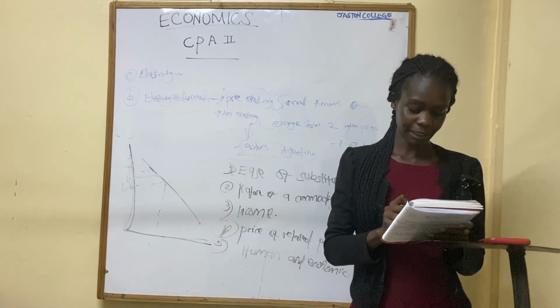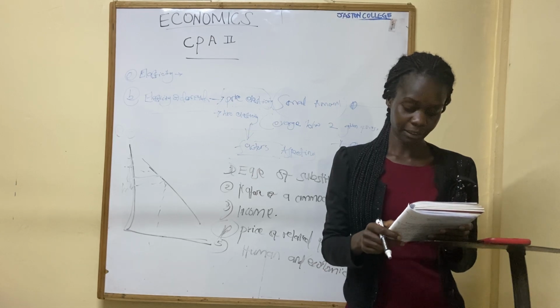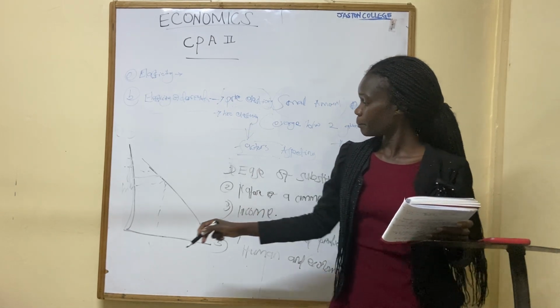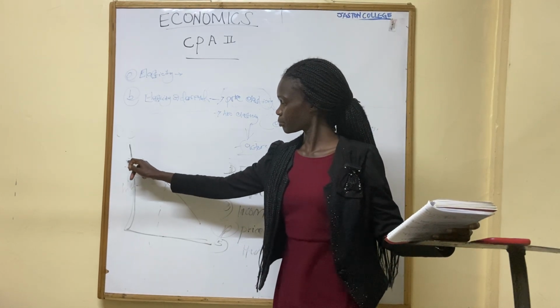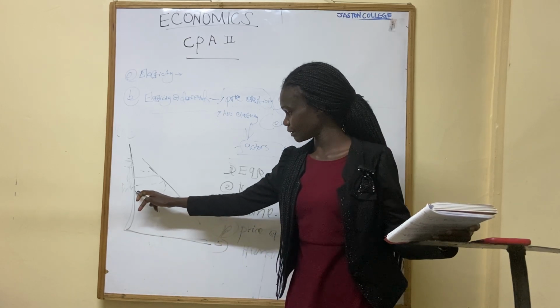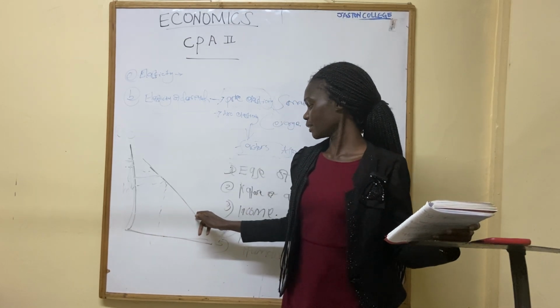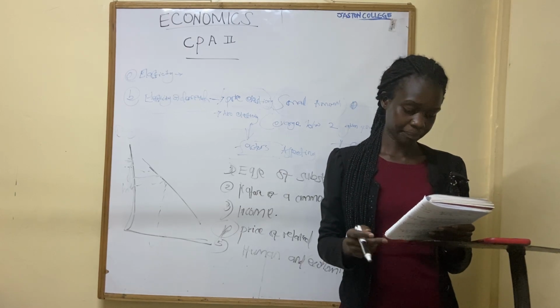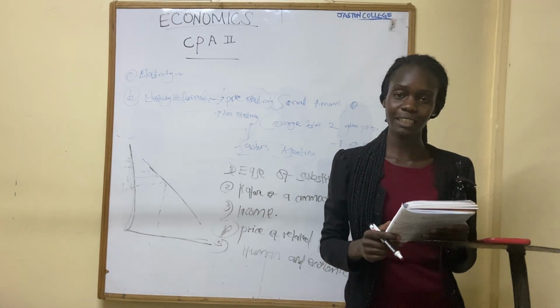The fourth one is elastic demand. This is whereby when the price changes, it brings a greater change in the demand of a good. The fifth one is perfectly elastic.